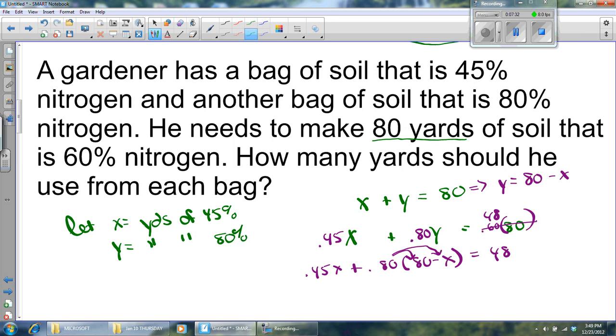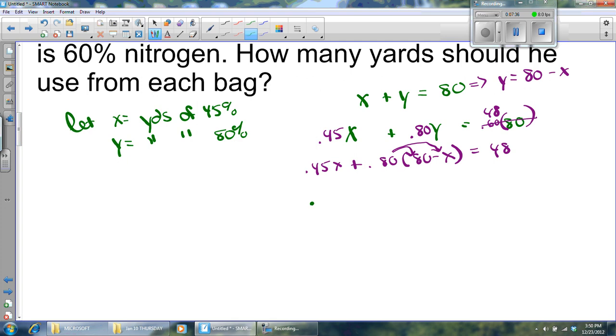And doing so will get me, hold on, I need a little more room to show my work, 0.45x plus, well, I'm going to get a 64. Yep, that's going to be 64 minus 0.80x equals 48.